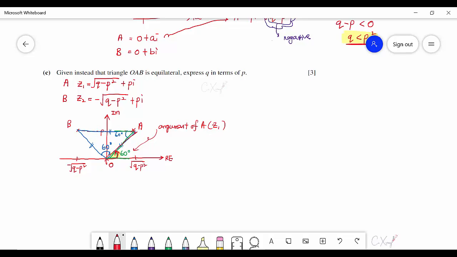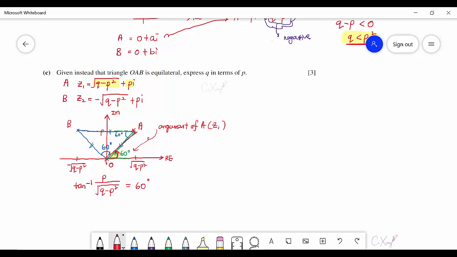In the first quadrant, to get the argument, it is tangent inverse of B over A. So the B is this one, tangent inverse P divided by A. A is the real part of the complex number, which is square root of Q minus P squared, and it equals 60 degrees.